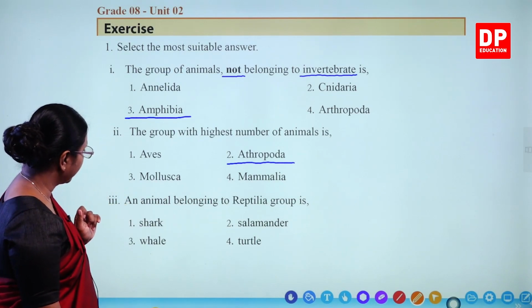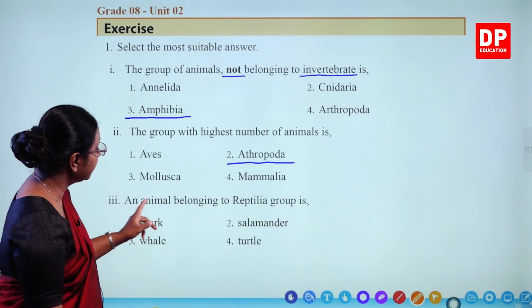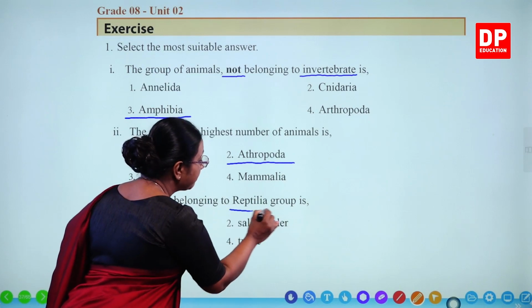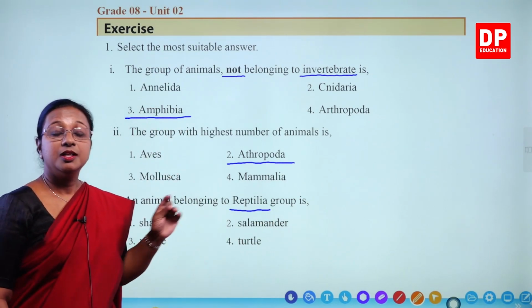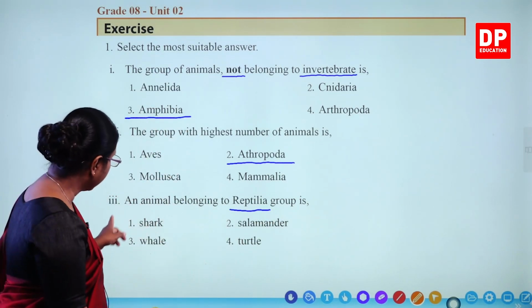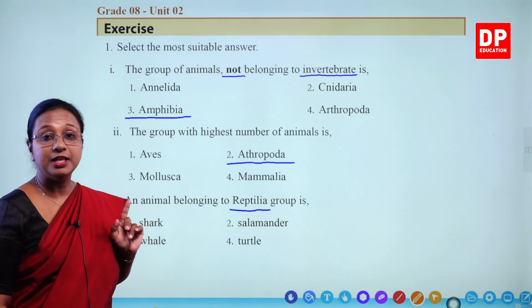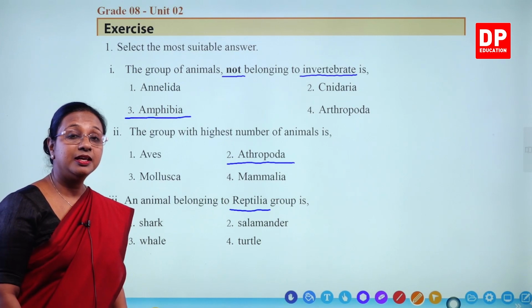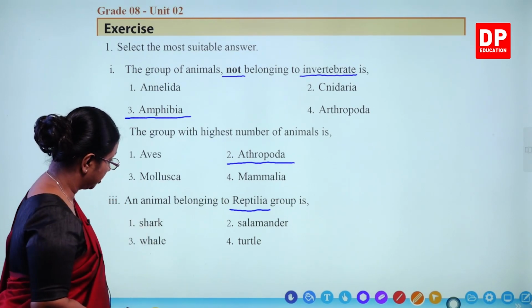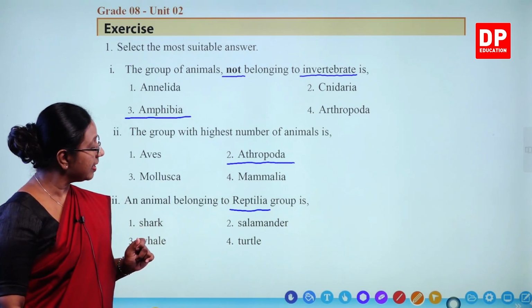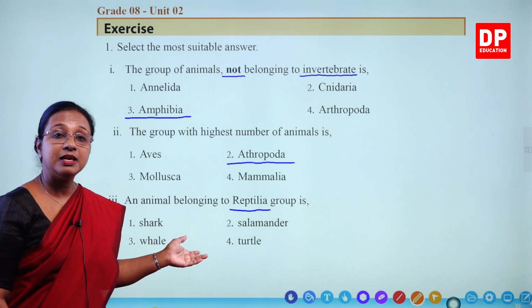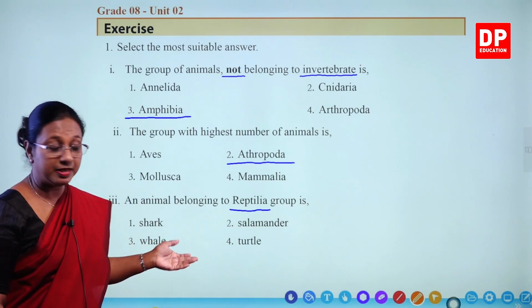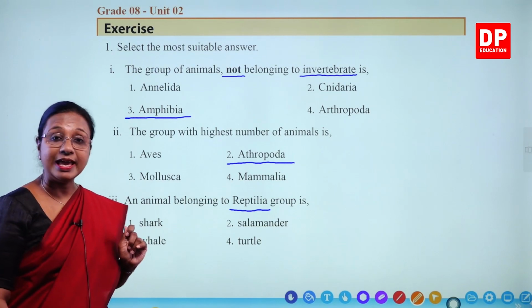Then the third one, an animal belonging to Reptilia. First one, shark. What is a shark? It is a fish. Then you take the salamander. What is a salamander? It is an amphibian. Then what about a whale?